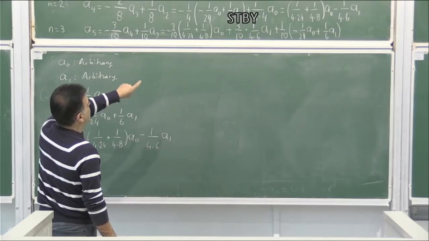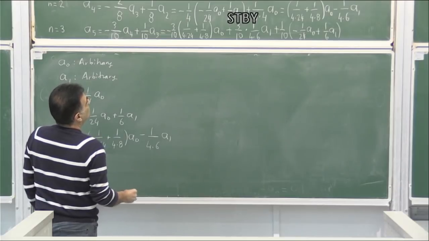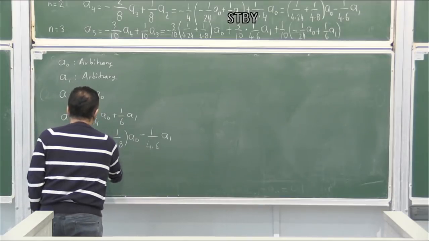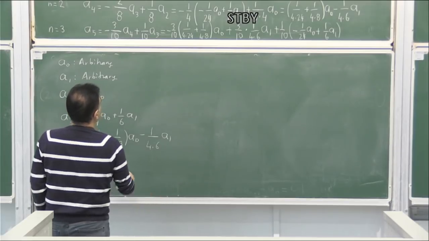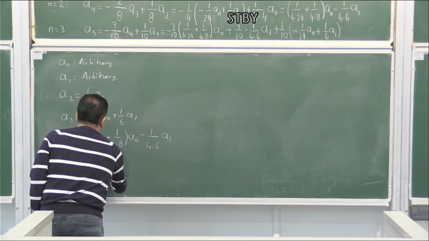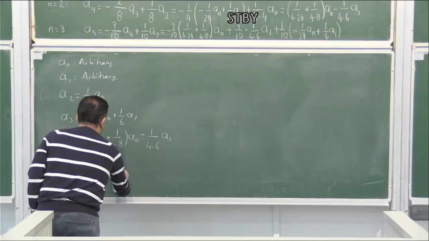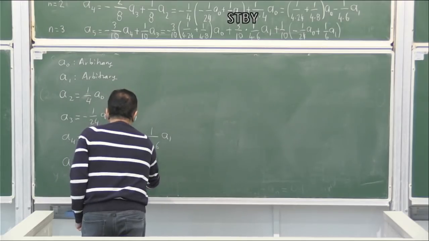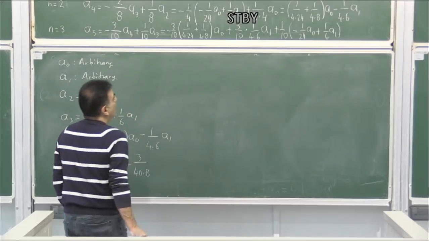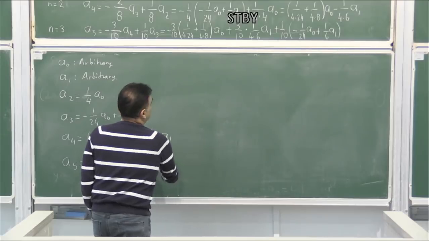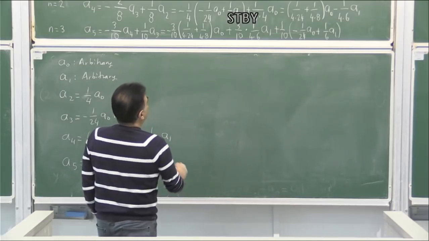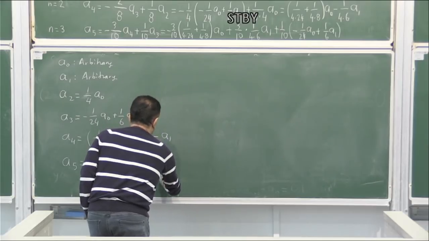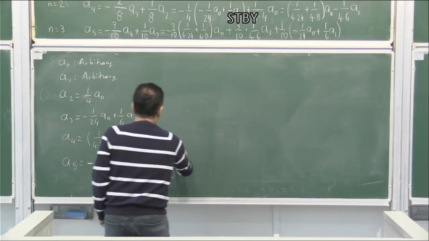let us collect the terms proportional to A0 and A1. With a minus sign, 3 over 40 times 24, good, plus 3 over 40 times 8, and plus 1 over 10 times, or 240, A0.